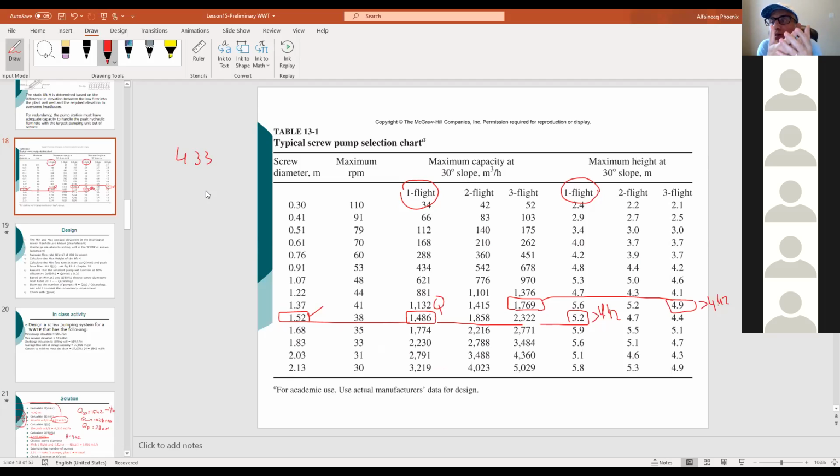They run at 30% capacity of the flow rate. In other words, if I want to order a pump from the catalog, it will not give me the 100%, which is the 433. It's gonna give me 30% of it only, and that's much less than my minimum. So I need the one that has much higher Q. And when it gives me 30%, it's gonna give me this number.